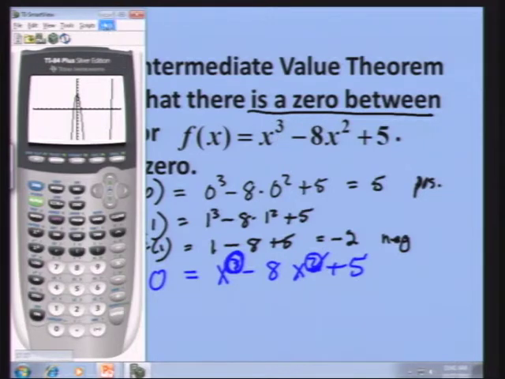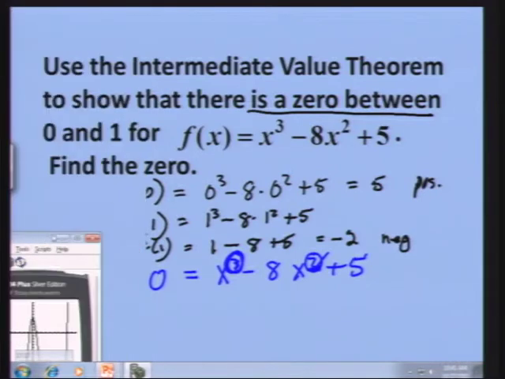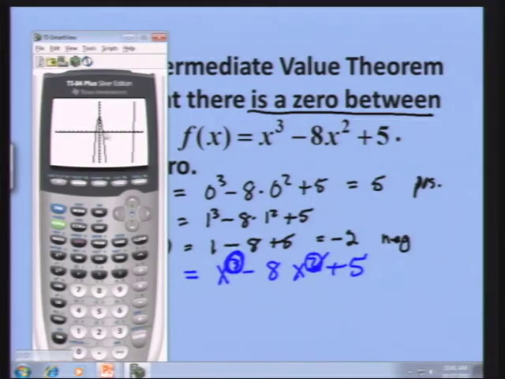Now, we're only interested, remember, in the one between 0 and 1. That's the only one we want to find, because we're doing the intermediate value theorem for that interval only. So let's bring our calculator back up. This is the one we want to find right here. So I'm going to second calculate, which is above the trace, go down to selection 2, which is a 0, and the calculator knows that a 0 means we're on the x-axis.